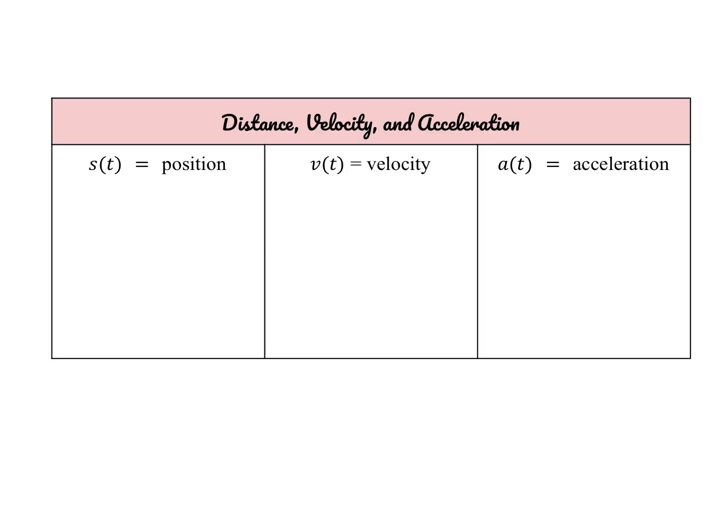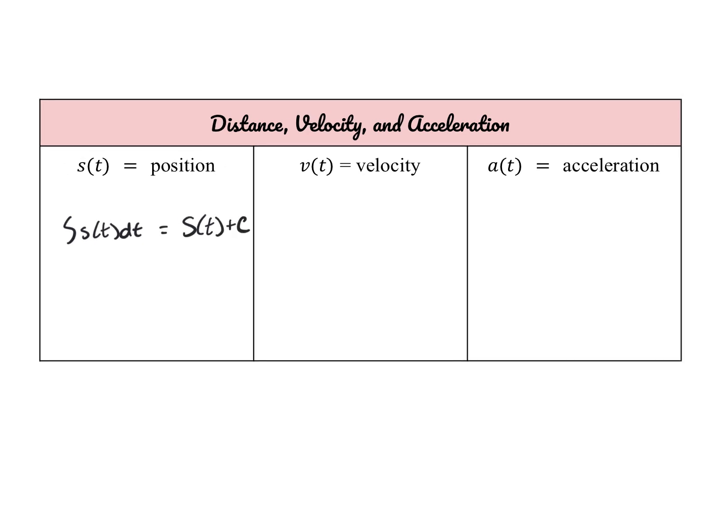So now, just to help us review some of the concepts from last semester and tie it all together, we'll look at the relationship between the position, velocity, and acceleration functions again. Remember, s of t always represents our position function. If we were to take the integral of s of t dt, it would just be that antiderivative, which doesn't have a specific name. We'll just call it S of t.